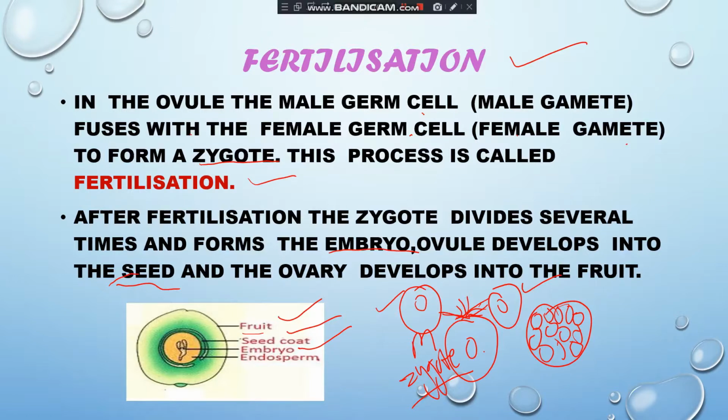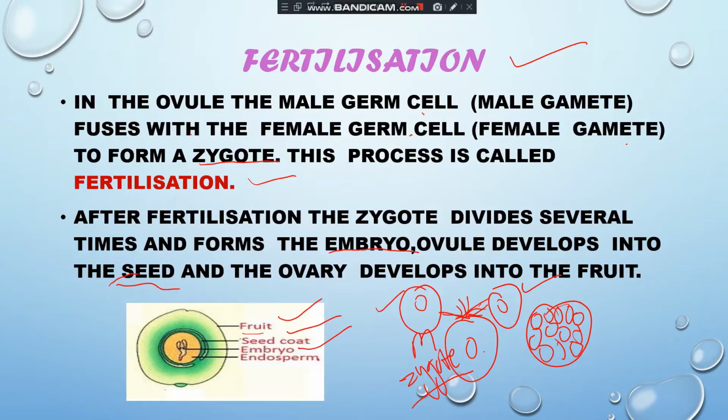Understood? Then after the pollination, the male sex cells fuse with the female sex cell, and the process of fusion of male and female gametes is called fertilization. The result of fertilization is zygote. Zygote is a single cell structure which is formed by the fusion of male germ cells and female germ cells.